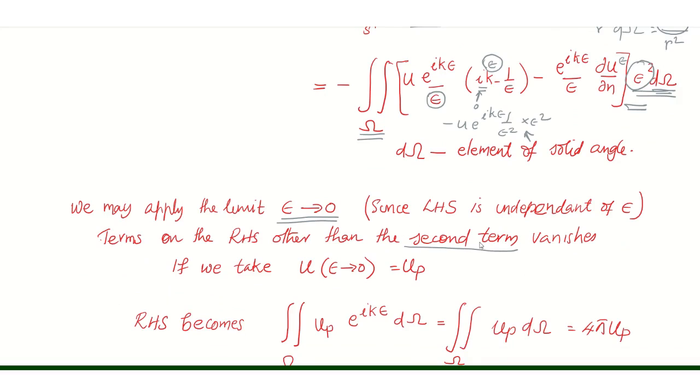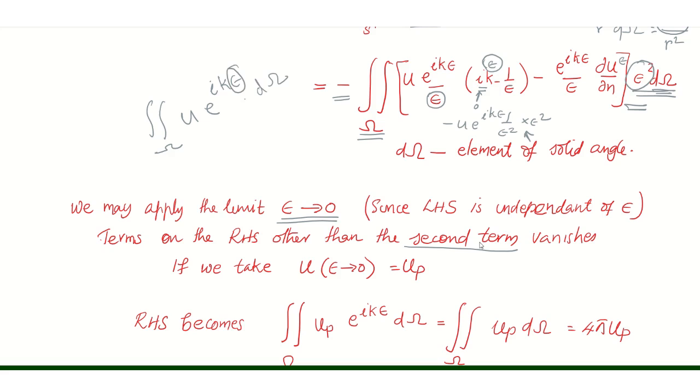What is the second term? The second term will be therefore the integral over omega of u e to the power ik epsilon, here you have a minus, and minus minus plus, e to the power ik epsilon d omega.